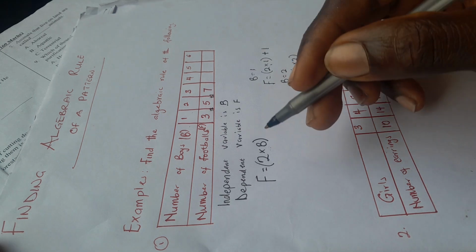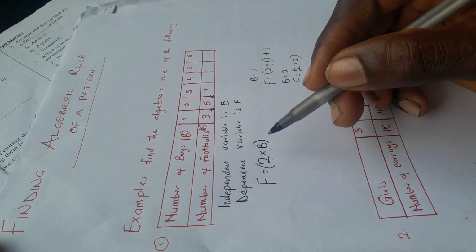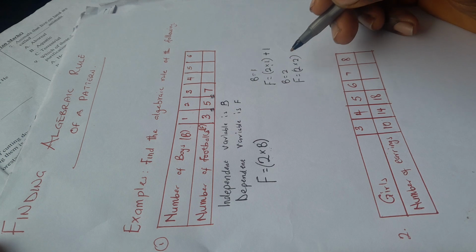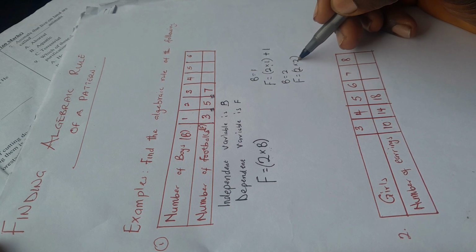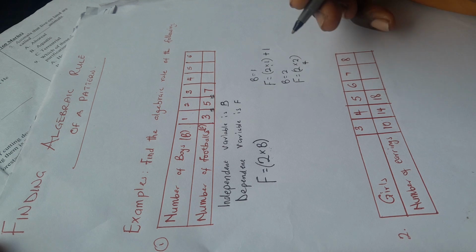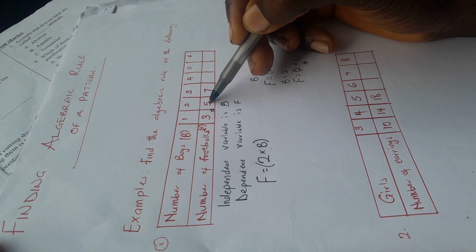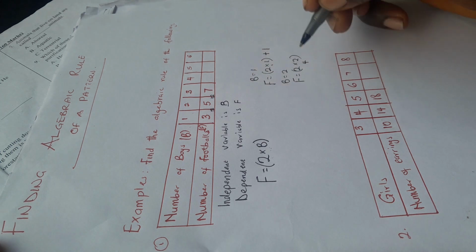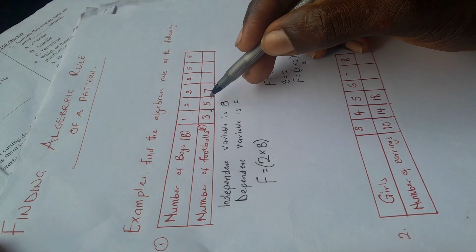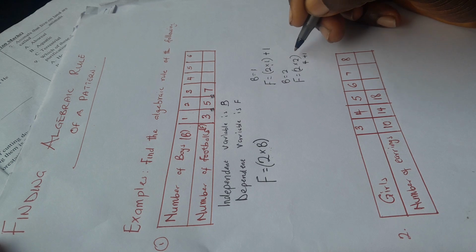Please don't forget that we are using the formula that we derived, 2 times B. Now 2 times 2 is 4. But from the table, 2 corresponds with 5. That means we have to adjust our 4 to be equal to 5. So to get that, we have to add 1 to 4.